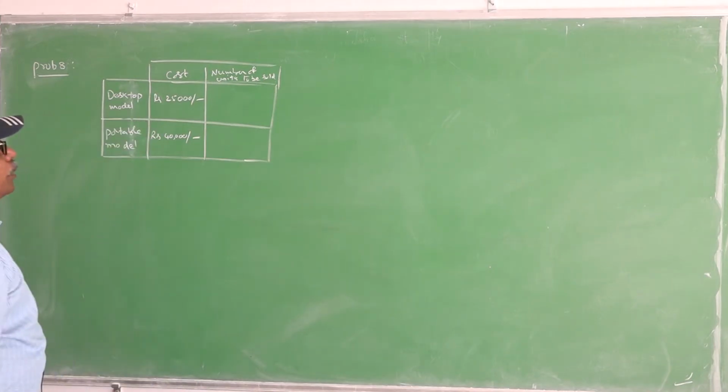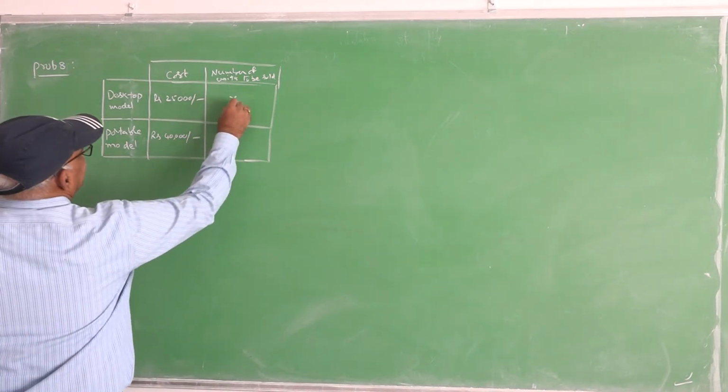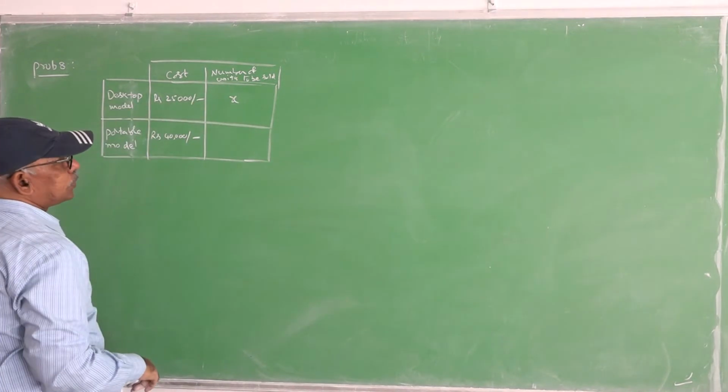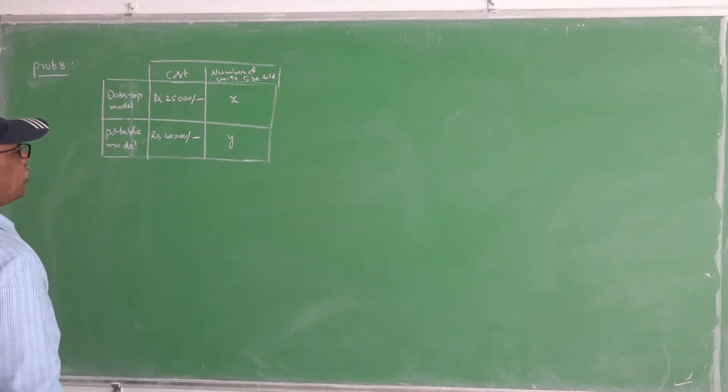Number of units to be sold, it is not given. Let us suppose X units of desktop models are sold and Y units of portable models are sold.